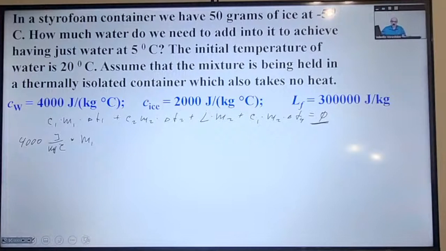We have to write something, and when we write, it's either a number or a letter symbol. If we know a number, we write a number. If we don't know a number, we have to write a symbol that represents that number. Delta always means final minus initial. Final is 5, and initial was 30 Celsius.